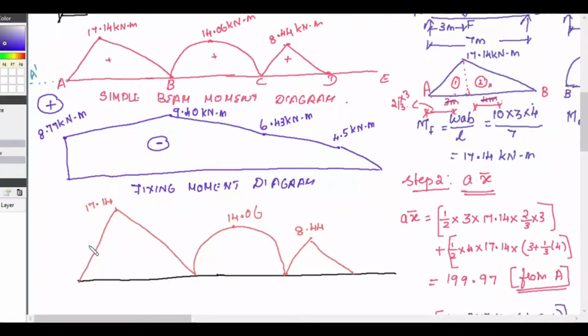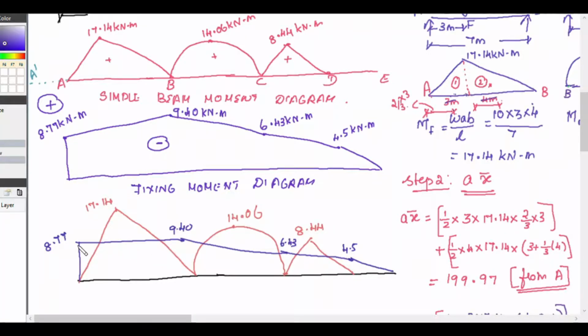Now our fixing moment diagram values are 8.77, 9.40, 6.43, 4.5.